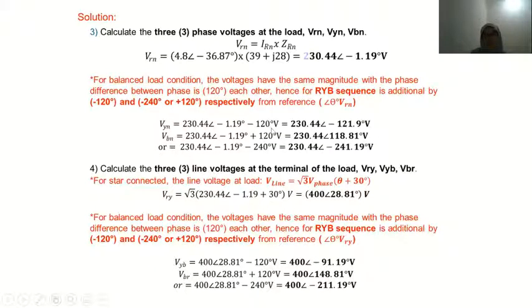So these two are 230.44 with 118.81 degree, and 230.44 with minus 241.19 degree. These two points are the same in position.